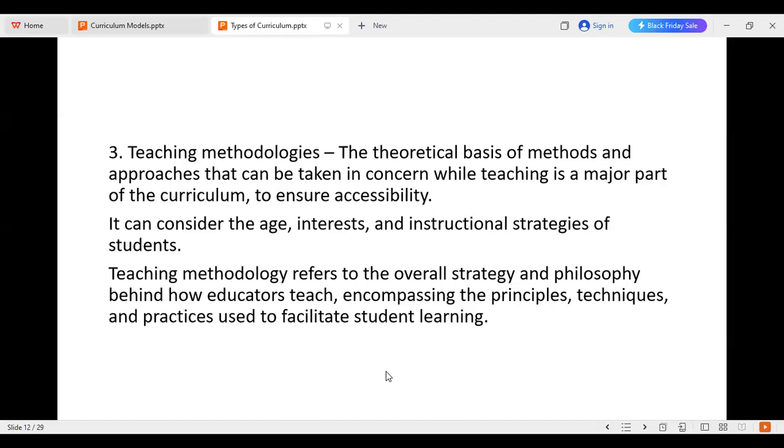Some recommendations are given by the NIE, even through their Bachelor of Education, postgraduate diploma in education, and Master of Education programs. They introduce a lot of new teaching methods. The 5E model they introduced 10-15 years ago.